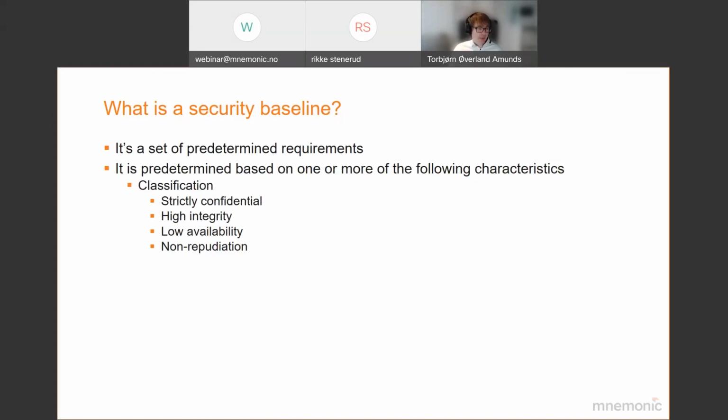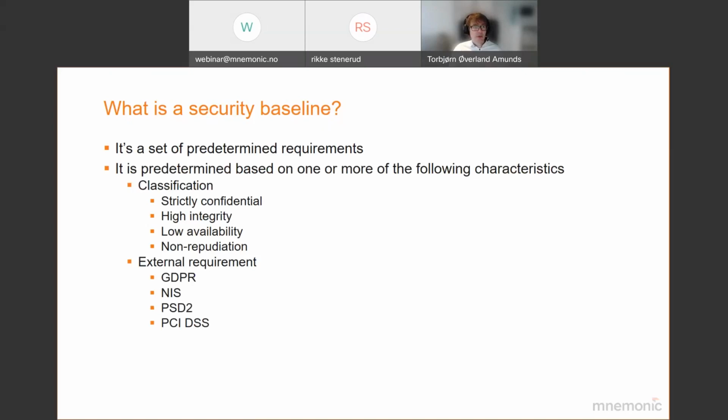And then we have high integrity, low availability, and non-repudiation. Most companies will classify according to the CIA, but depending on what you're doing, it makes sense to add more types, like for example, non-repudiation.